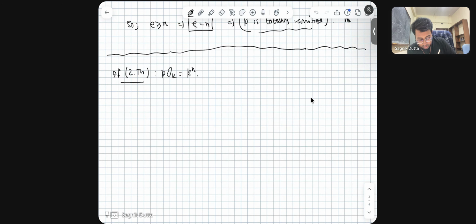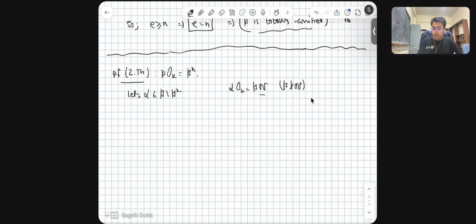So what will we do is, you take any alpha which is in P but not in P squared. That means alpha, when you look at the ideal generated by alpha inside OK, this is just P times some Q, where P doesn't divide Q. So alpha is divisible by P exactly once.